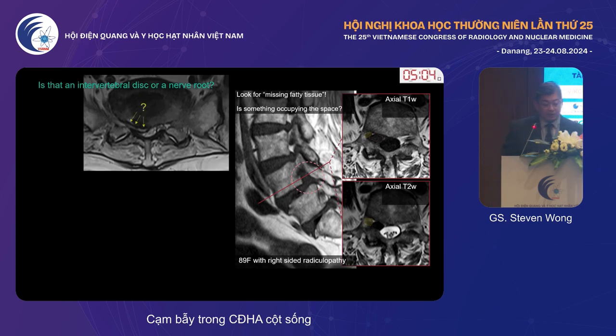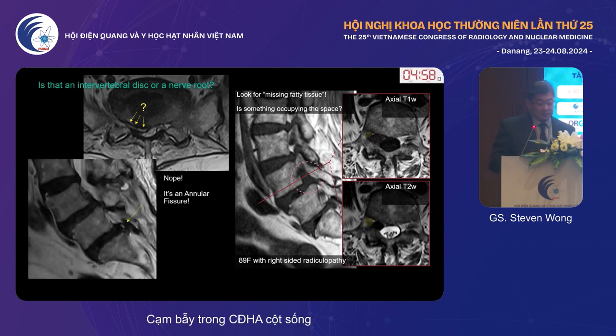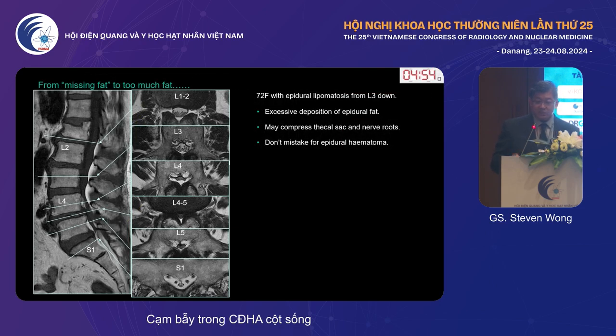So, like this one I showed you earlier, this is the one that has gone laterally into the spinal canal. All right, and this is the annular fissure, and the position of the annular fissure is quite important. Don't miss out the epidural lipomatosis, not that common, less than 5% of patients, but sometimes there are clues like tethering of the cord.